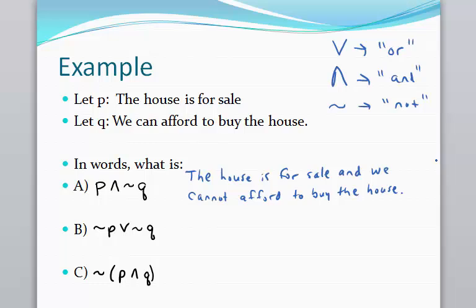For part B, we have not P, we have the symbol for OR, and then we have not Q. So not P. P is the house is for sale. The negation would be the house is not for sale.